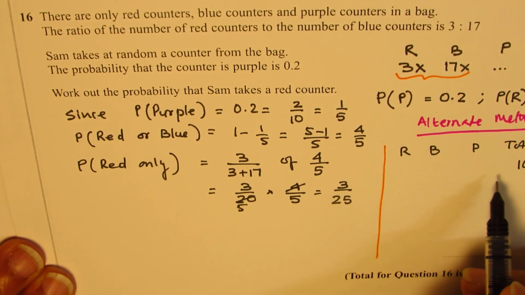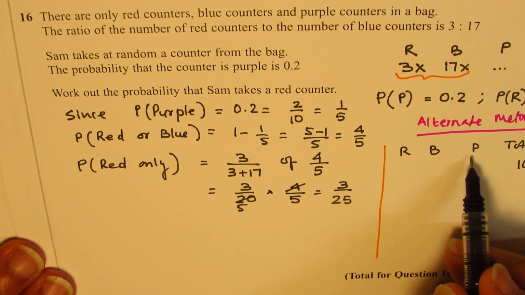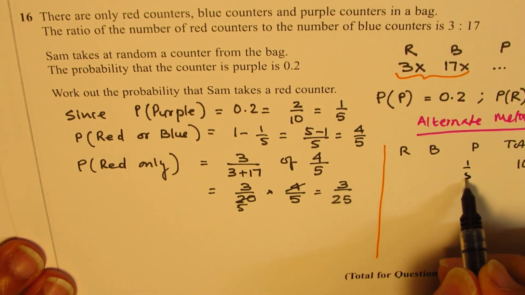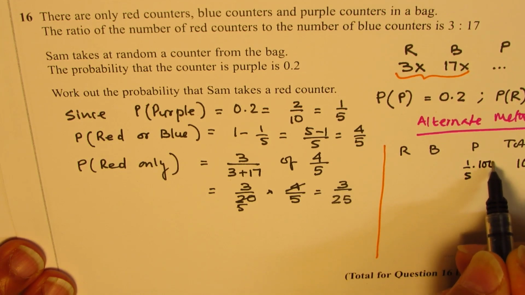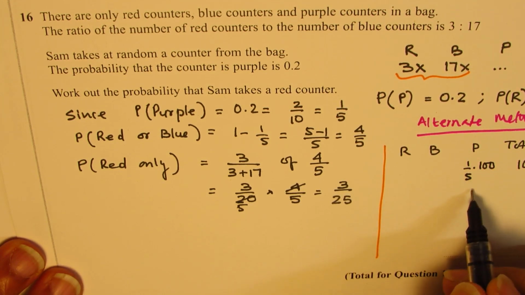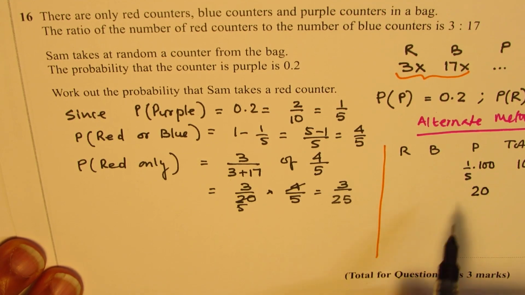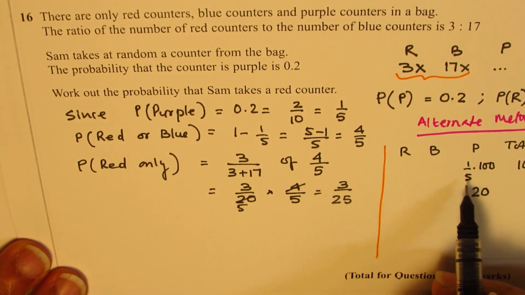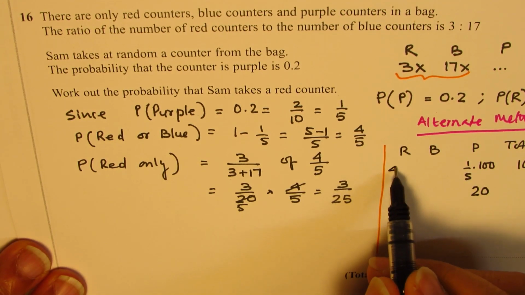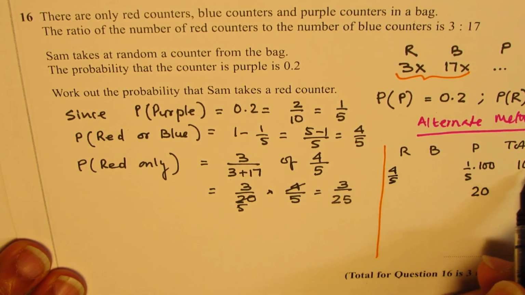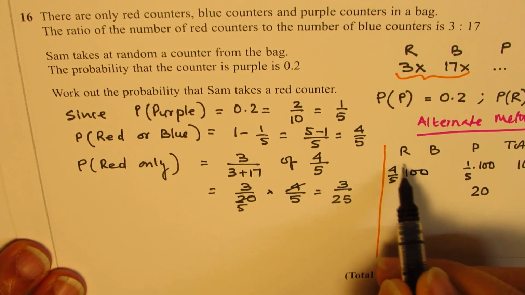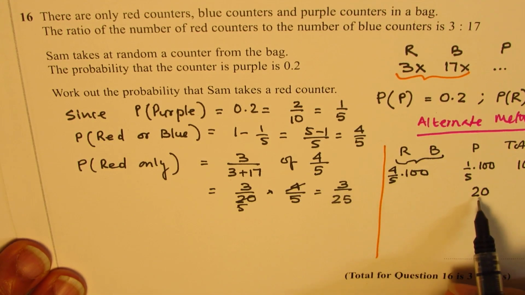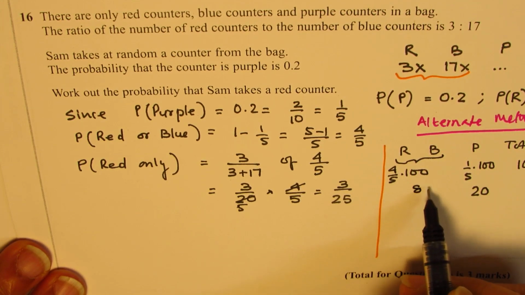So 1/5 of 100 will be purple, which basically means 20 are purple, correct? Now if 20 are purple, we all know that 4/5 of this quantity 100 will be both of them, right?